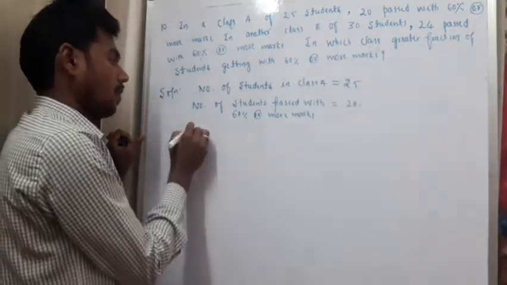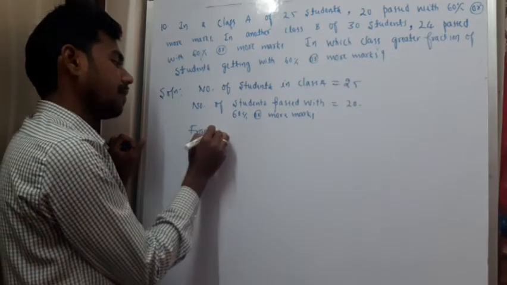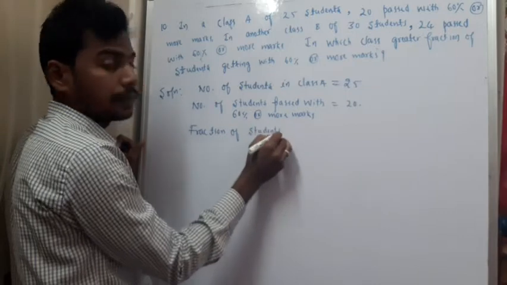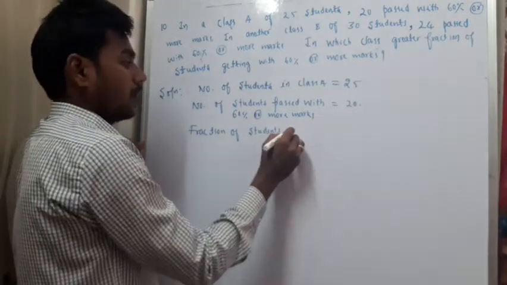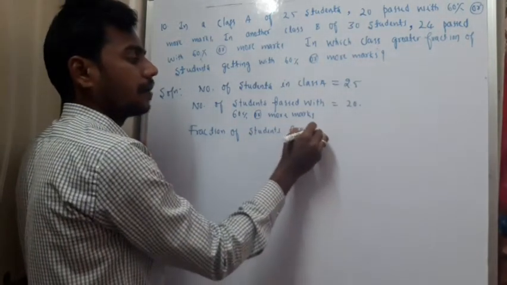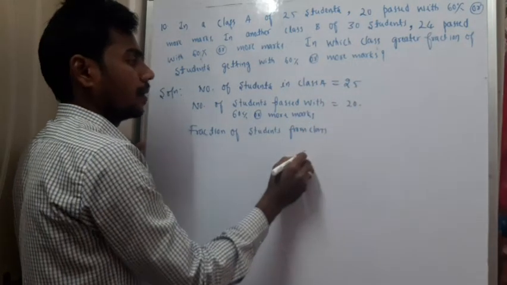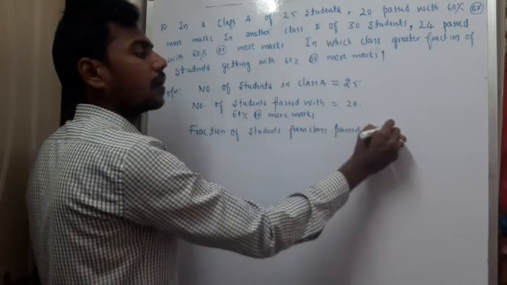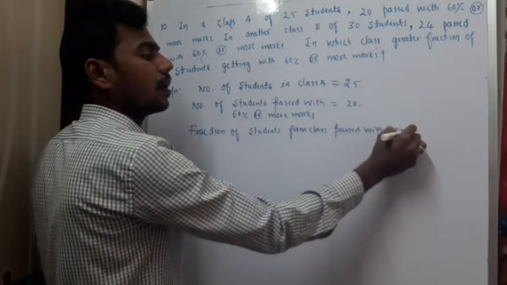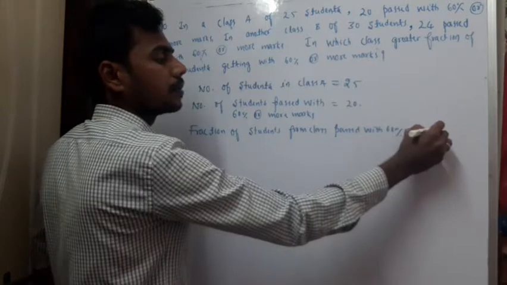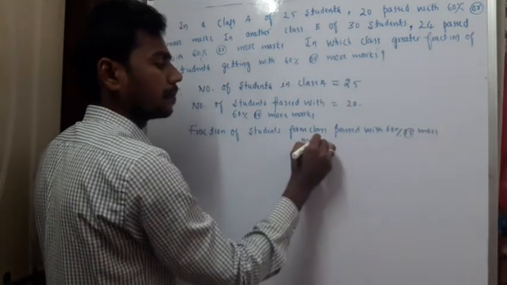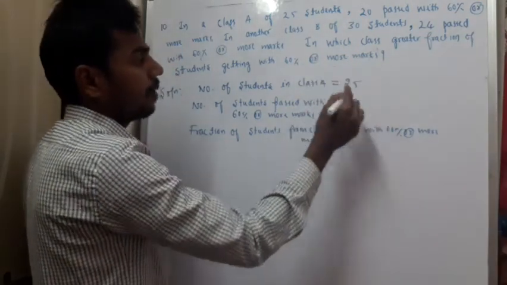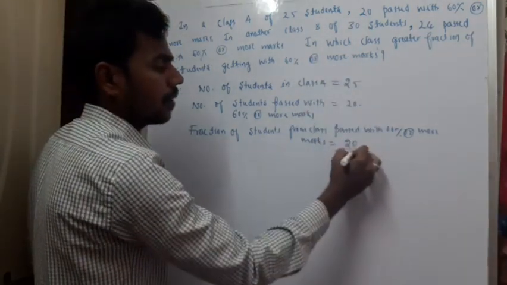So fraction of students from class A passed with 60% or more marks is equal to 20 out of 25.